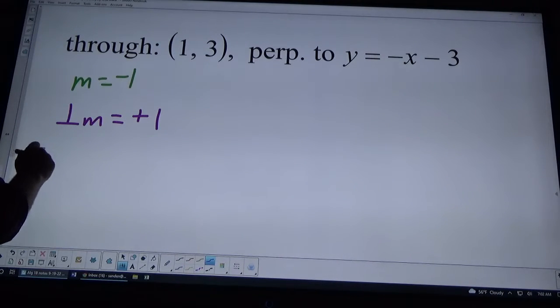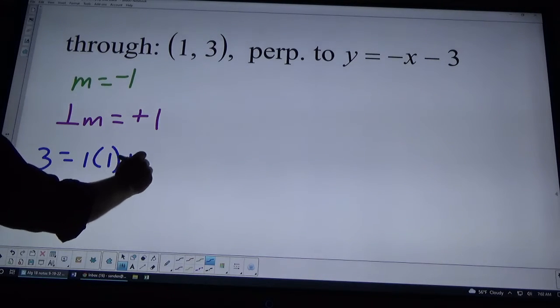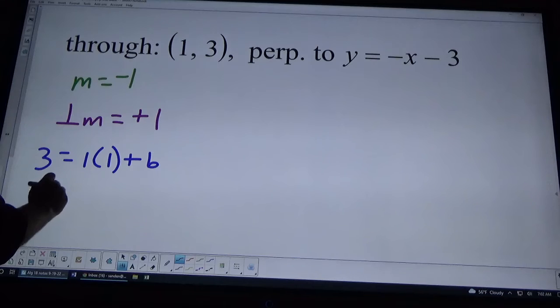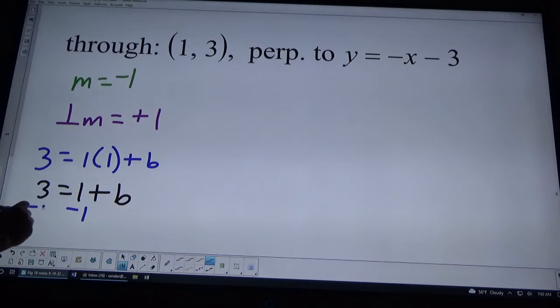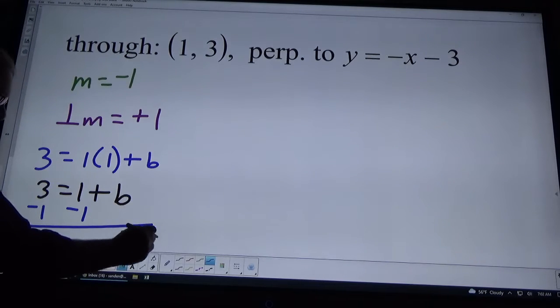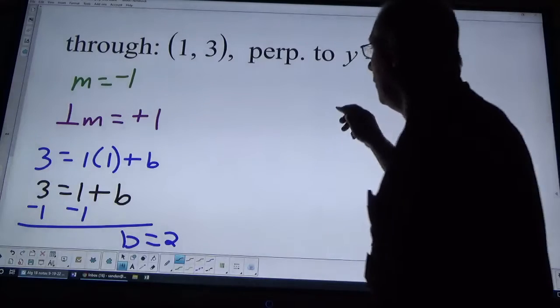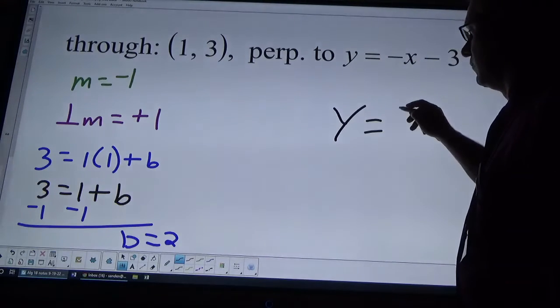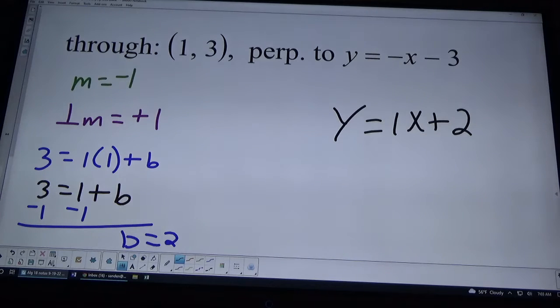Let's see, 3 equals 1 times 1 plus b. 3 equals 1 plus b. Subtract 1 from both sides. b is going to equal 2. y equals 1x plus 2. There's your equation for the perpendicular to y equals negative x minus 3.